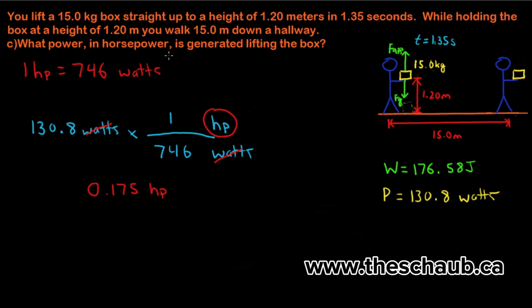What power in horsepower is generated lifting the box? It's 0.175 horsepower. And we're now ready to solve part D.